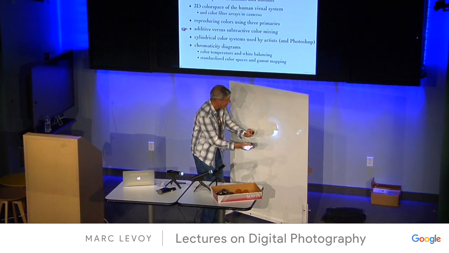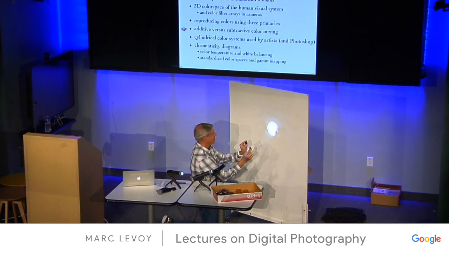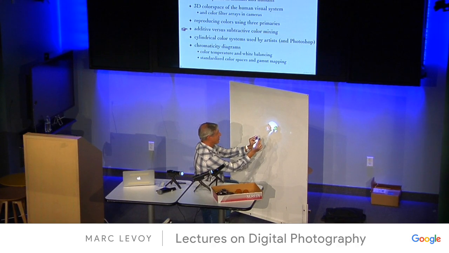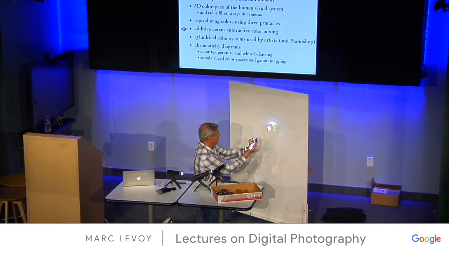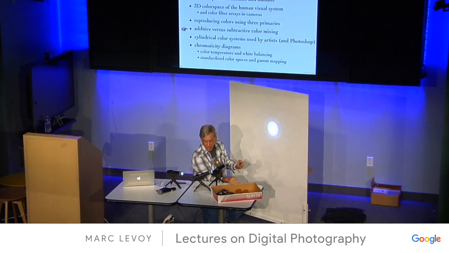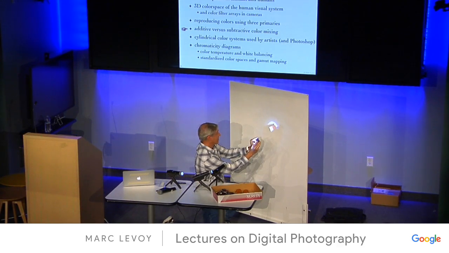All right, so let's try that. Here's the red and here's the green. Drum roll, please. So black. That's not a very good printing system, huh? The same thing would happen if I mixed some of the others.